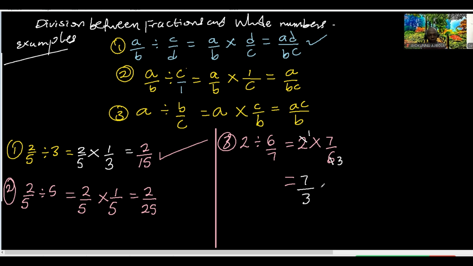So 7 over 3, right? Yeah. Is this proper or improper? Improper. Then see, how many 3 is in 7?